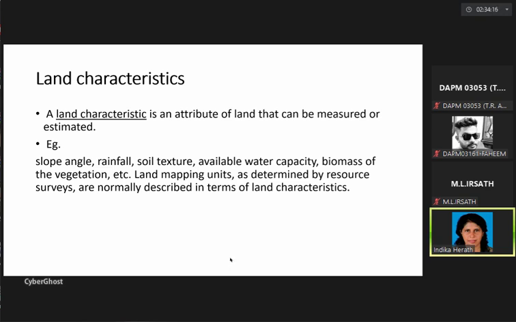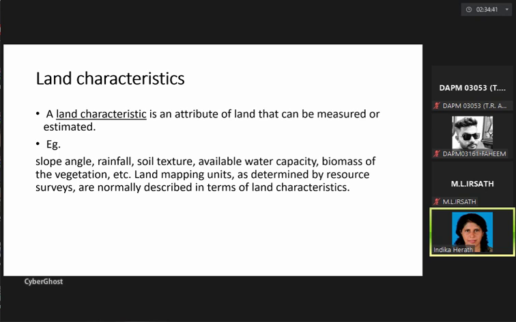Yes, so we have been discussing land characteristics. A land characteristic is an attribute of a land that can be measured or estimated. It includes the slope, or the angle, right? You already know what the slope is, and I will show you an image as well.